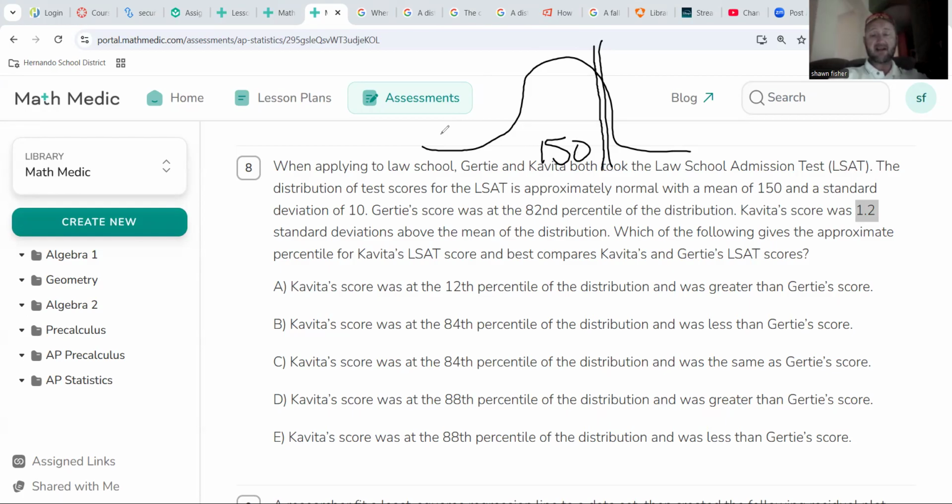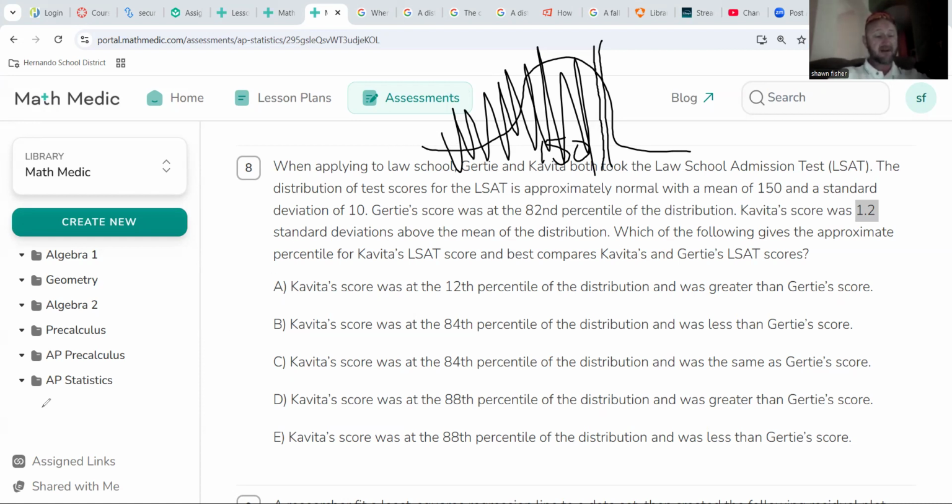Well, I'm looking for all this shaded region in here, right? Up to 1.2. Well, what percentile is that? Well, let's put in our calculator negative infinity, which, what do we do for that?